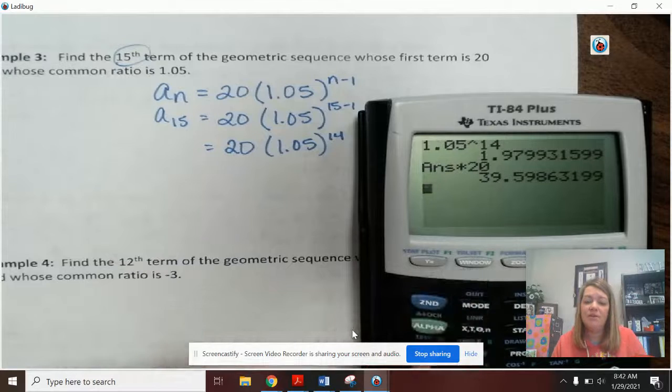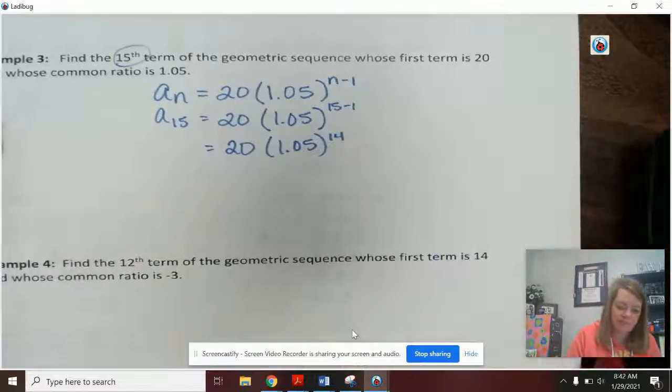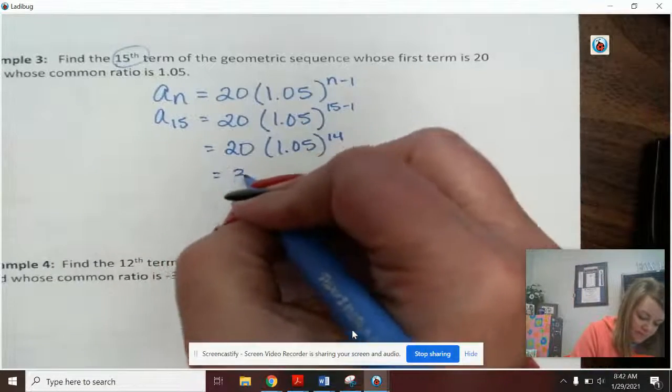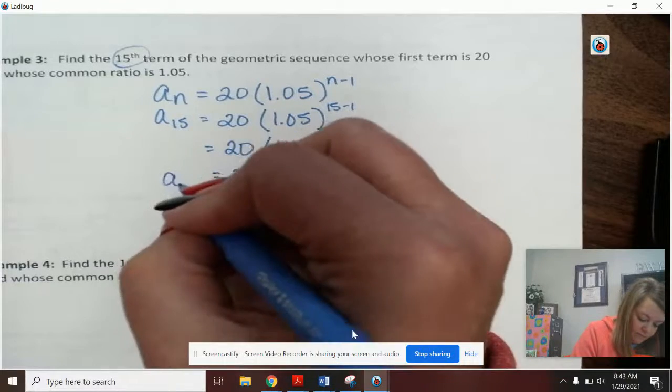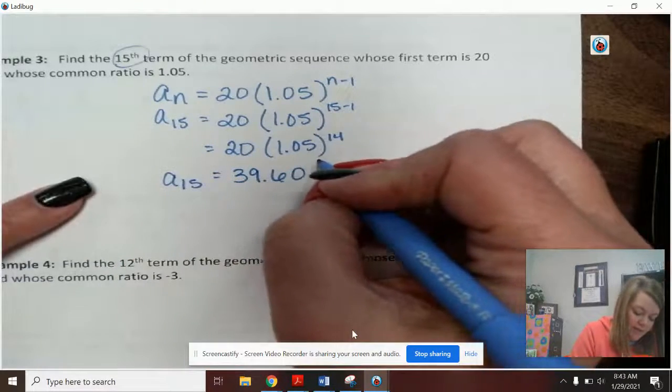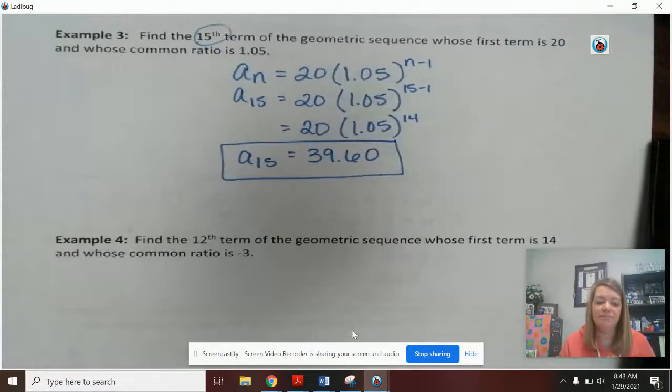So instead of 39.59, the 8 next to the 9 makes the 9 go up, and so it would be 39.60. So a sub 15 equals 39.60.